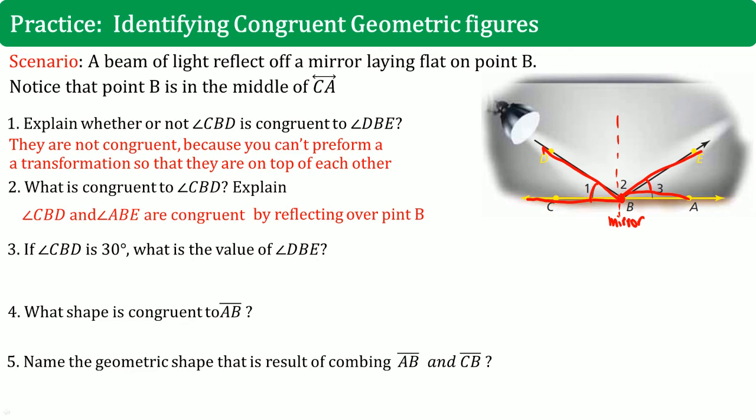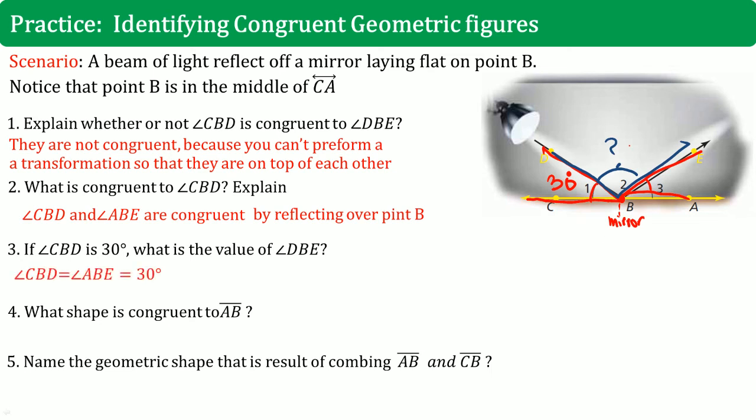So if CBD is 30 degrees, the question is, what is the value of angle DBE? Please understand that angle DBE is right here. This is the question mark. All right.